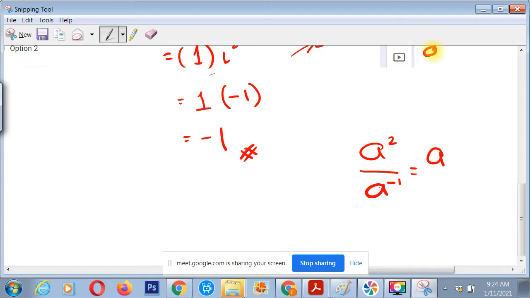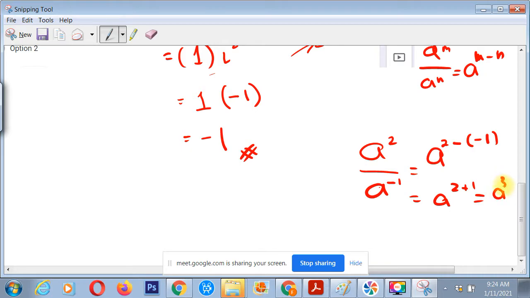The rule is a^m over a^n equals a^(m-n). So what is m? m is 2, so minus negative 1. So what we'll have: 2 plus 1 equals a^3.